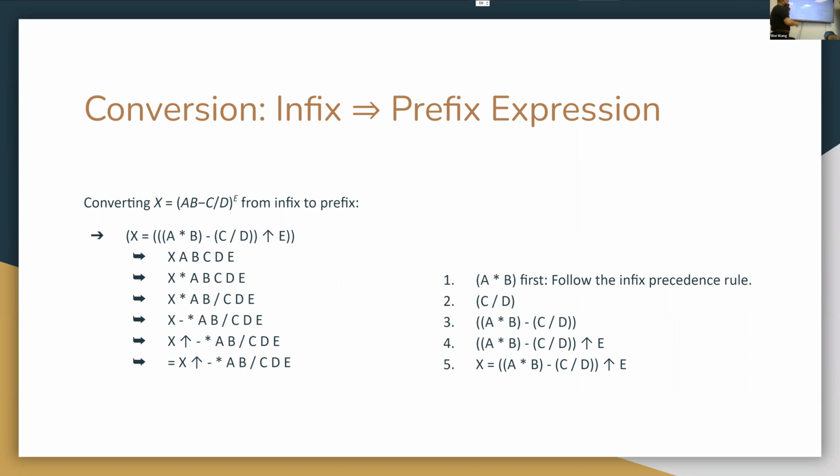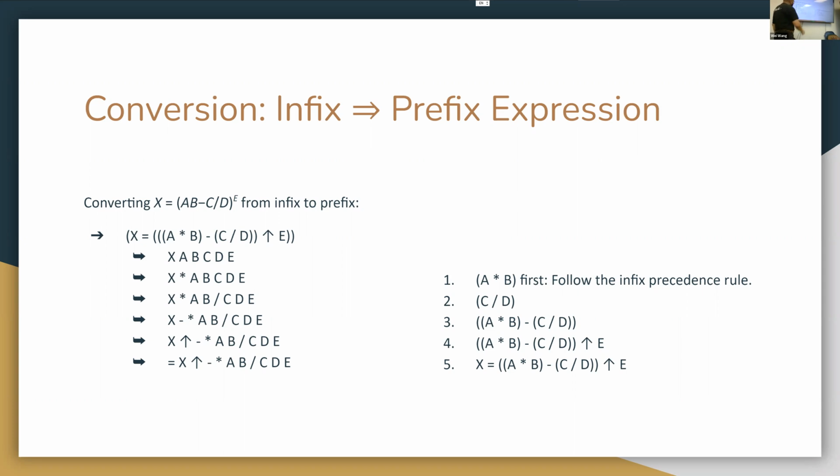But in the prefix notation, what happens next is the exponential. You can see A times B, and subtraction, and then exponential. So the exponential, in ACSL notation, that's what this means.